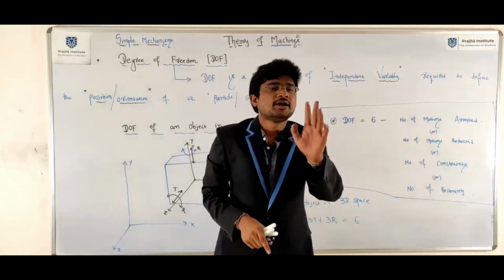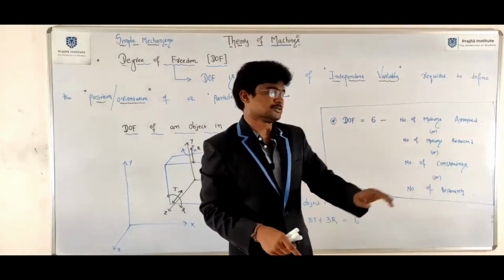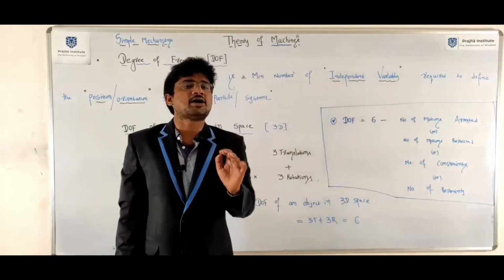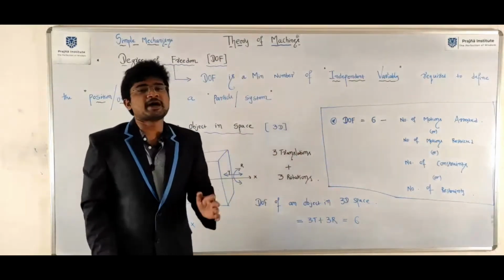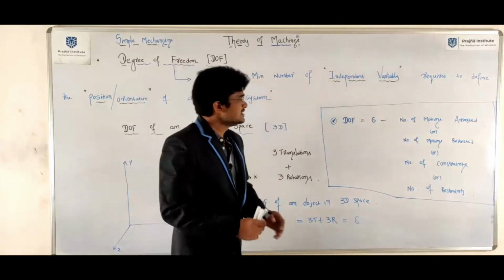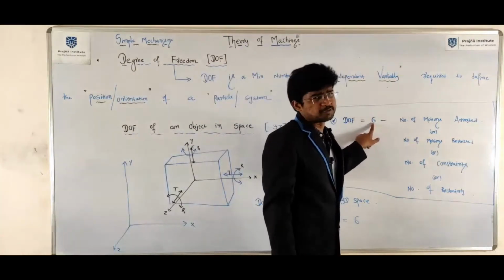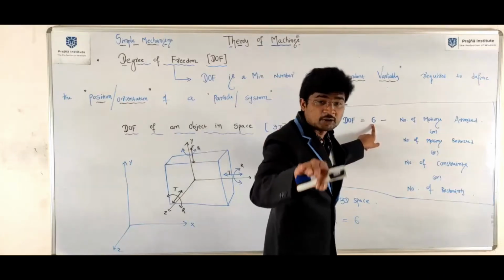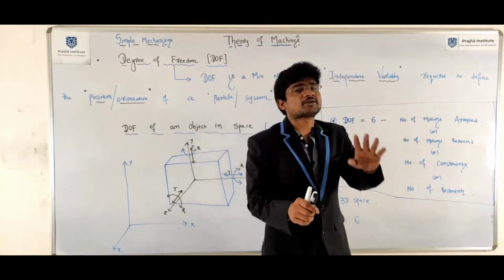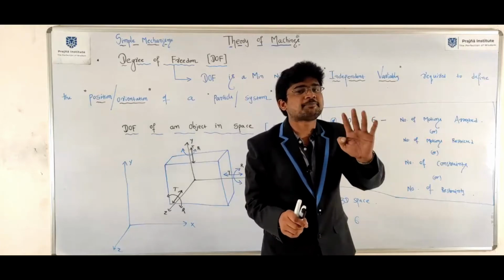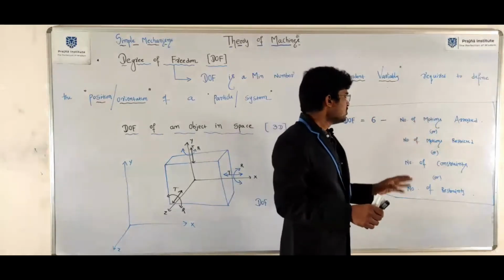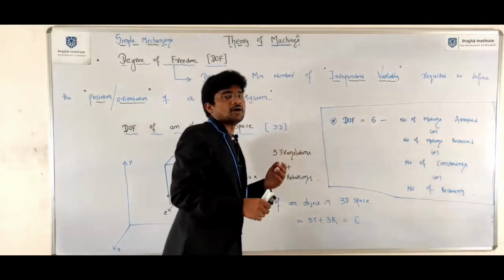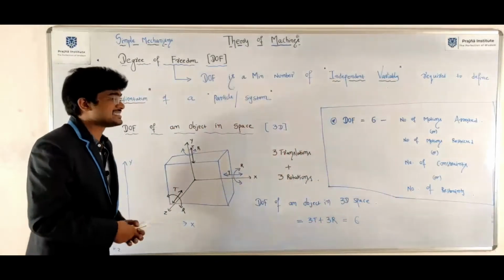Finally, you will get the number of motions possible. That is the degree of freedom of a particle or of the system.